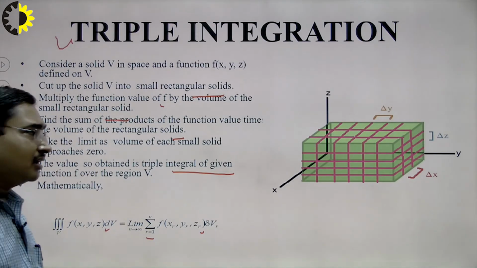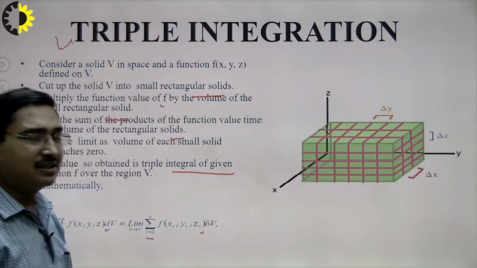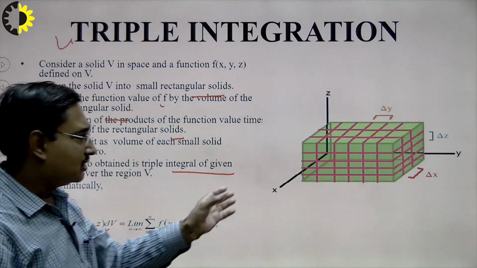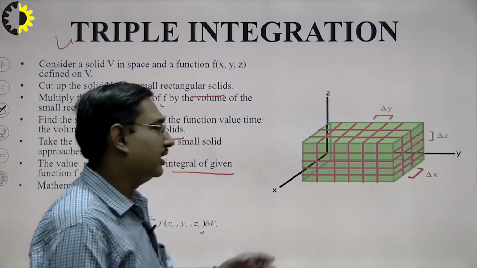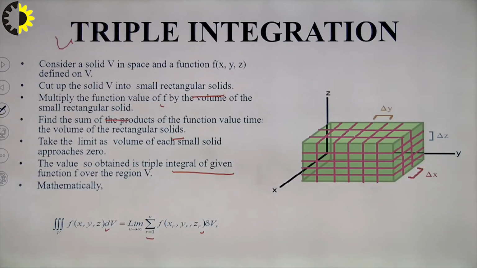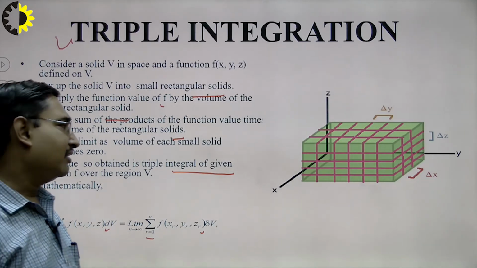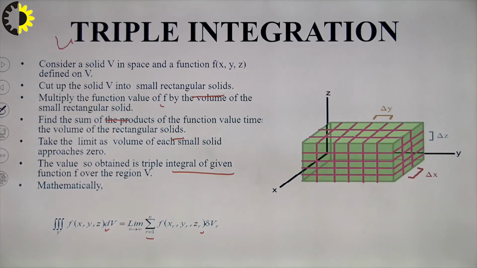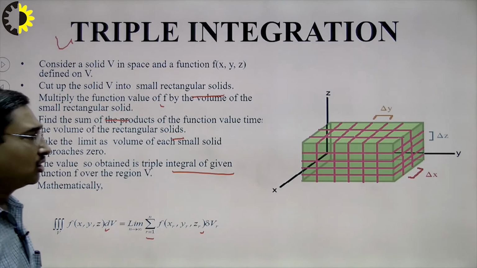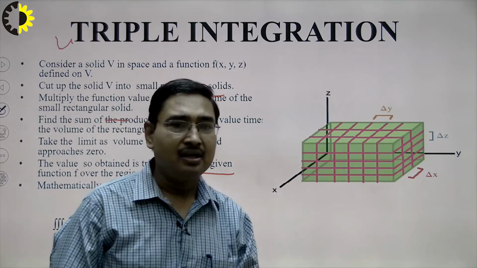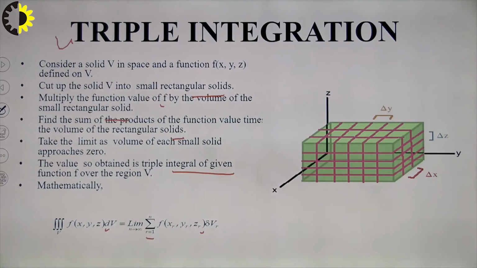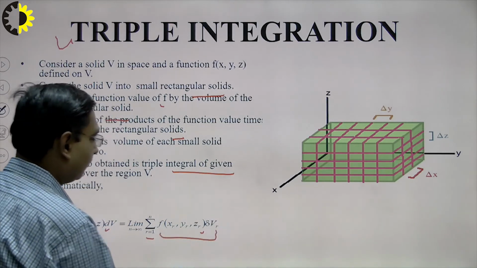What have we done? A solid in space was given. I have broken this solid into small pieces. In each small piece I took a point, and the value of the function was calculated at that point, and the product of the value of the function and the volume of the region was calculated to give this sum.